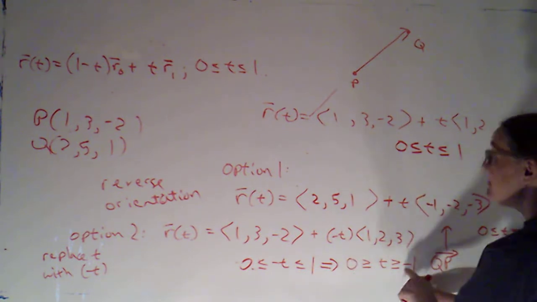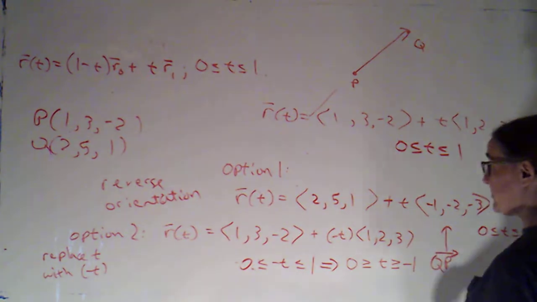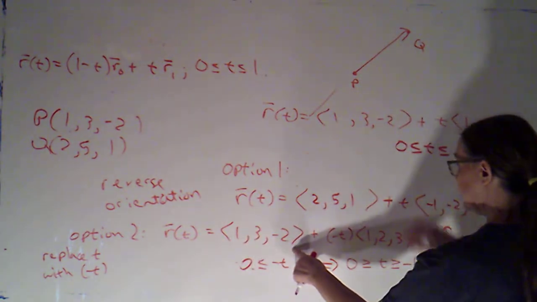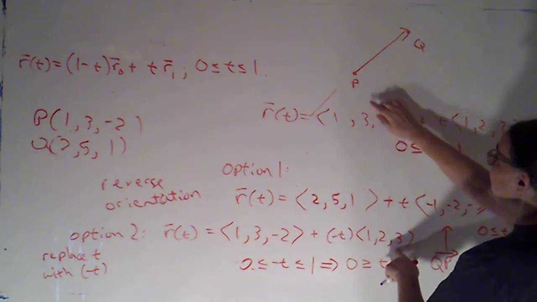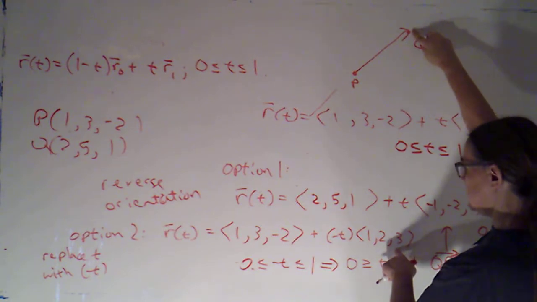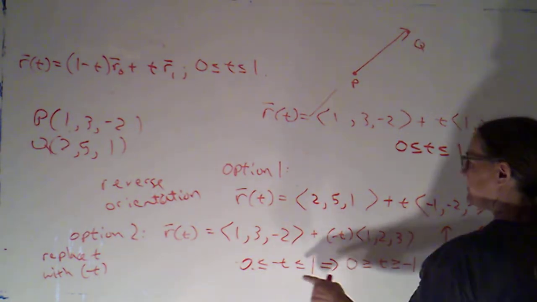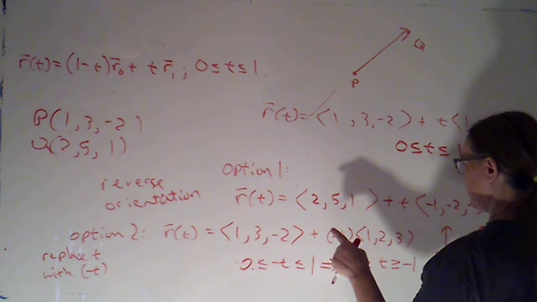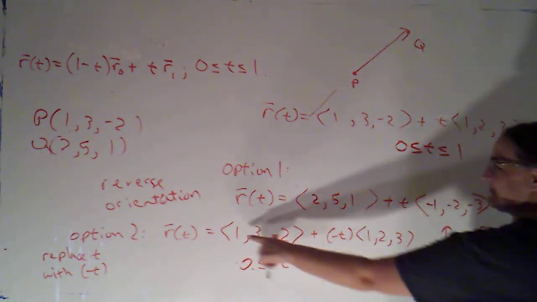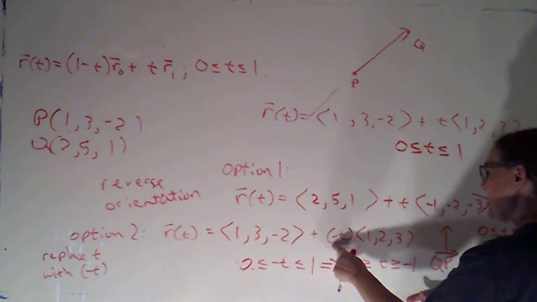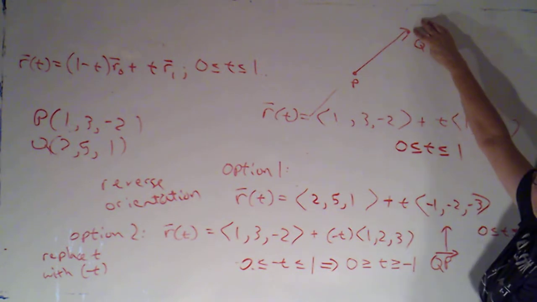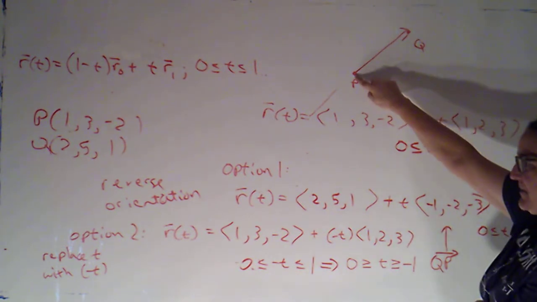That works because now with this new parameterization, when t is negative 1, I'm at P minus negative 1 copies of PQ. So plus PQ, I'm at Q. And of course, at time 0, I'm at P.